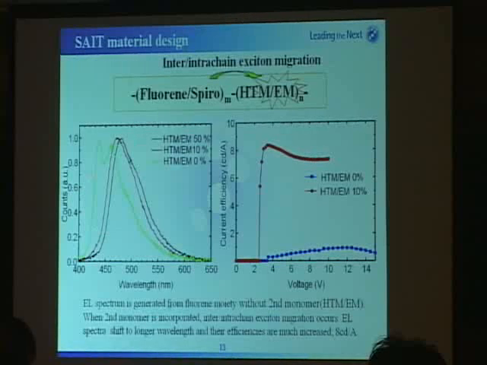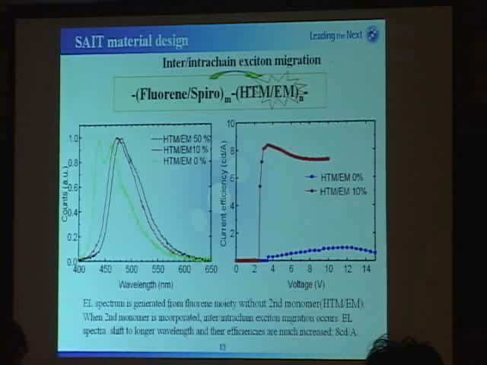And these are the EL spectra, and this is the current efficiency. As shown in these pictures, the EL spectrum is generated from the fluorene moiety without the second monomer. It's the green curve.